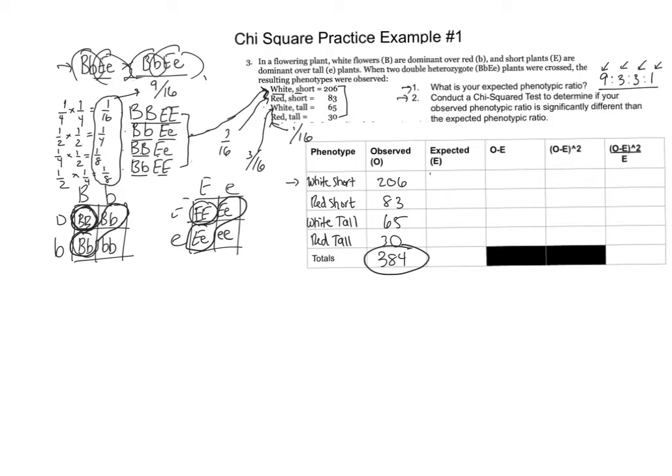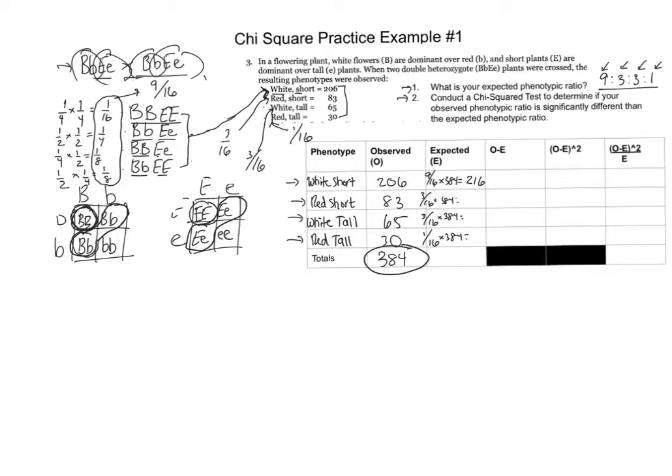So it'll be 9/16 times 384 gives us 216. Okay, and I'm going to do the same thing for the other phenotypes, but again, I'm going to use the correct fraction. So for the red short, it's going to be 3/16. The white tall will be 3/16, and the red tall will be 1/16. We're all multiplying by 384.